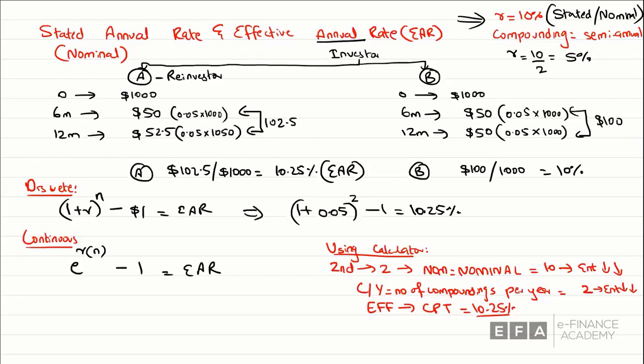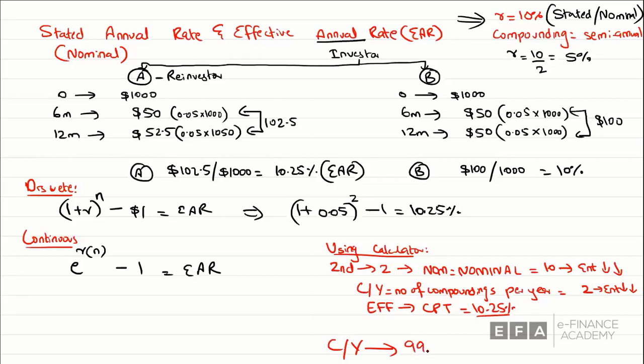However, what we can try and do is get a very close answer by using a trick in our calculator. When we have to input the C/Y, the number of compoundings per year, let's go for an unlimited number.